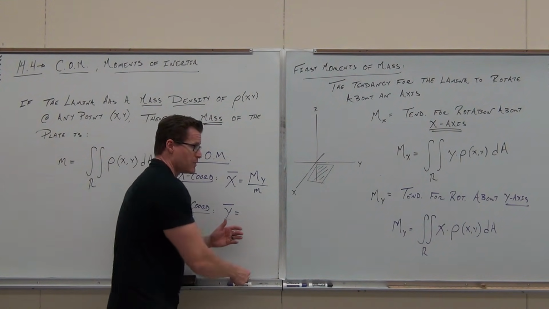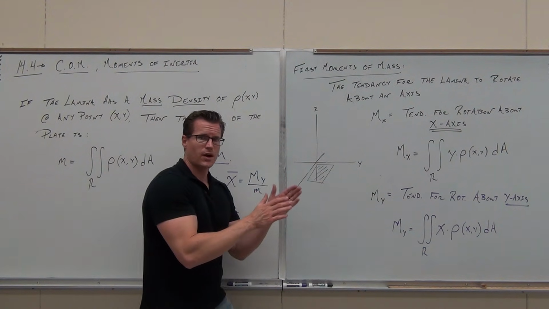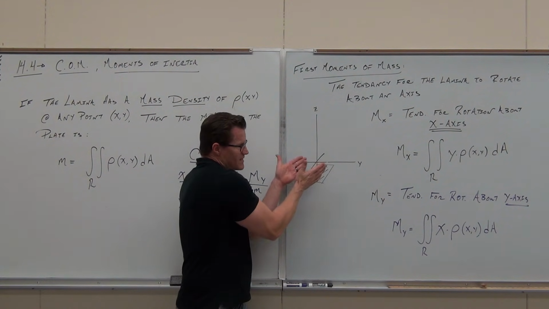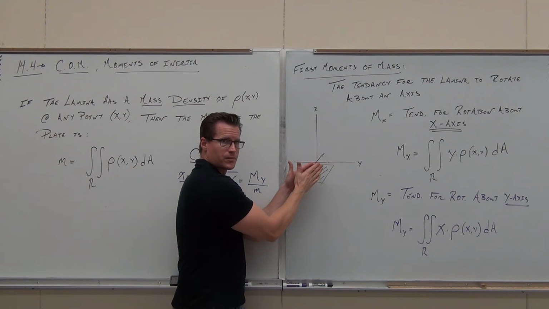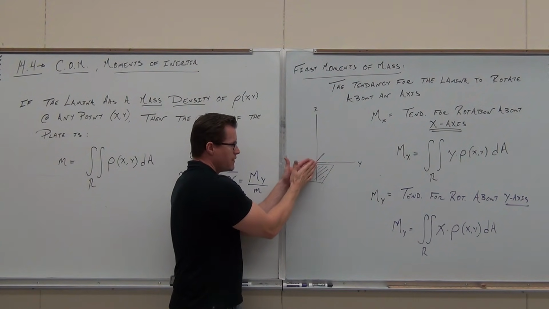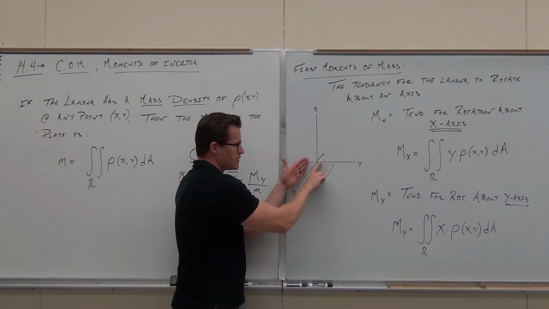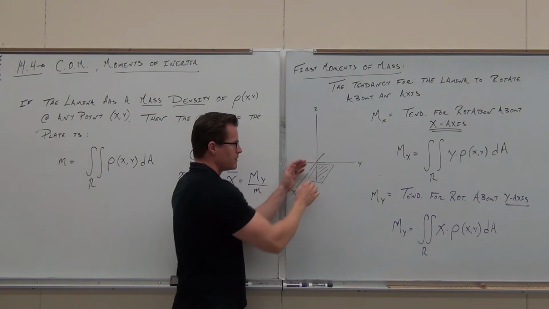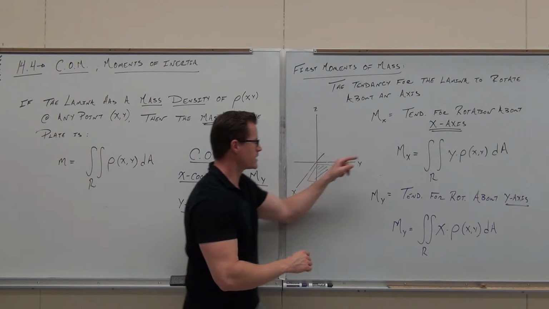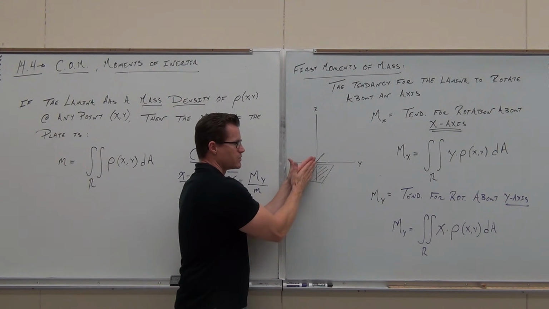It's backwards from that. It says, hey, what if I wanted to find basically the average of the mass density along the y-axis? Look. If I want to find the average along the y-axis, I'm going to take all the tendency to rotate about the x. That's a y measurement. And I'm going to divide that by the mass.